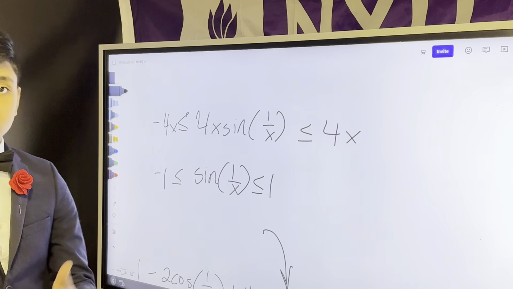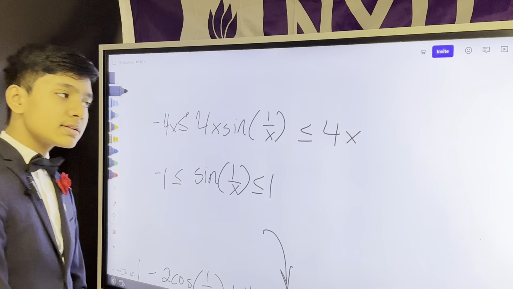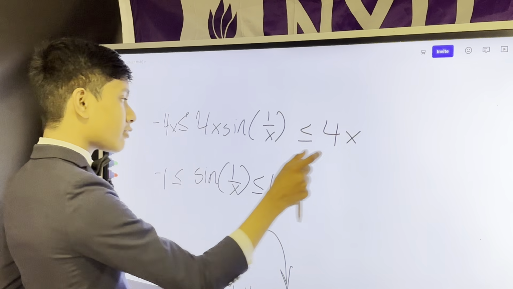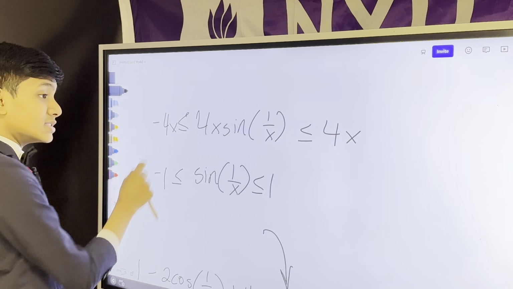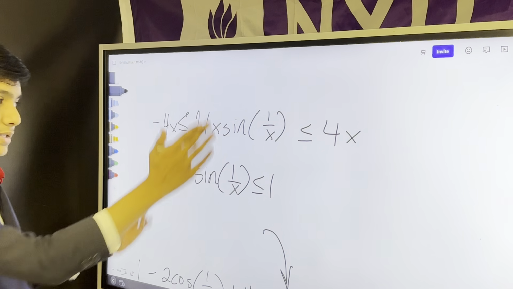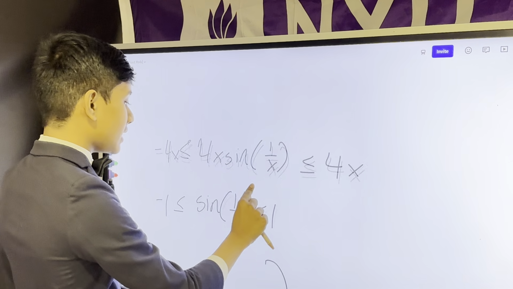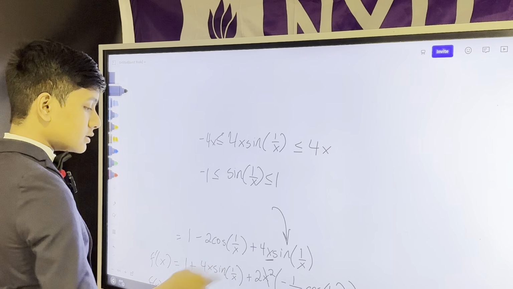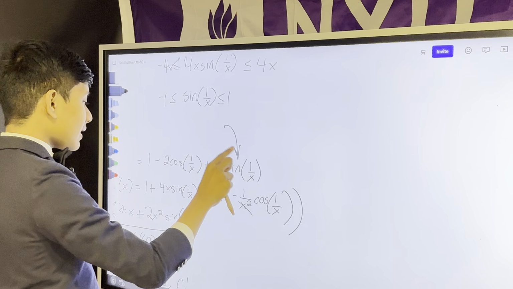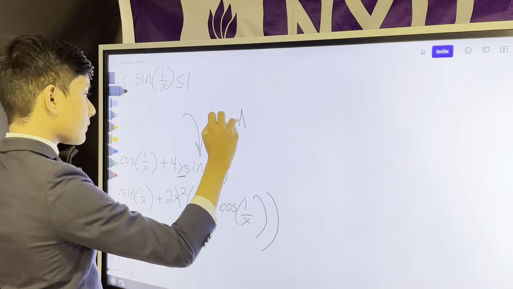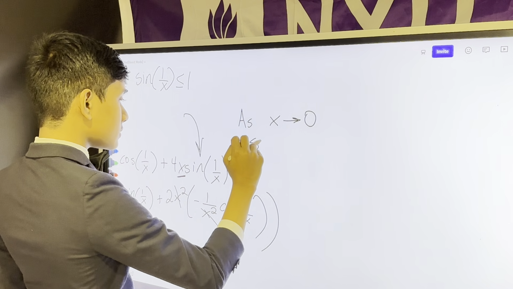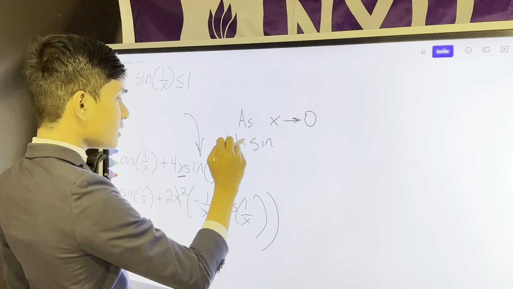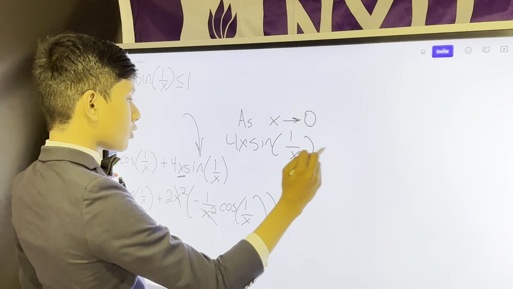And of course, we can just use the squeeze theorem from there to declare that since this approaches 0 as x approaches 0 and this approaches 0 as x approaches 0, the guy in the middle has to be sandwiched in between them. And so that means that as x approaches 0, 4x sine of 1 over x is going to approach 0.